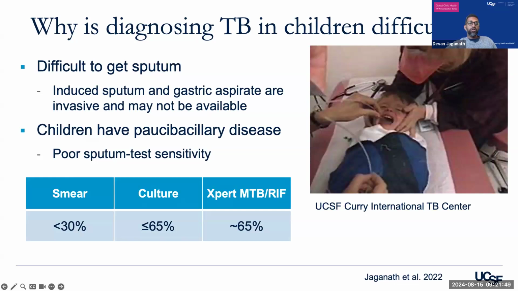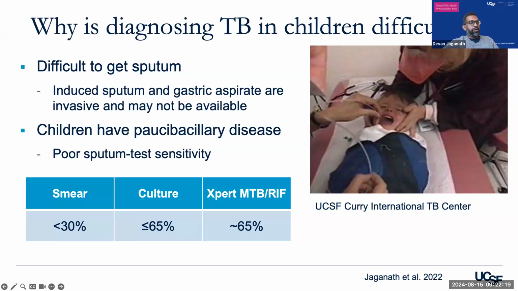So either we induce a sample with hypertonic saline, or we do gastric aspirates, which is what we often do here at UCSF. We admit the child, and this is from the training guide of how to do it: you collect a sample, we might hospitalize them, put an NG tube in, and collect it each morning. That's our current standard, which is really sad for a disease that's been around for so long.